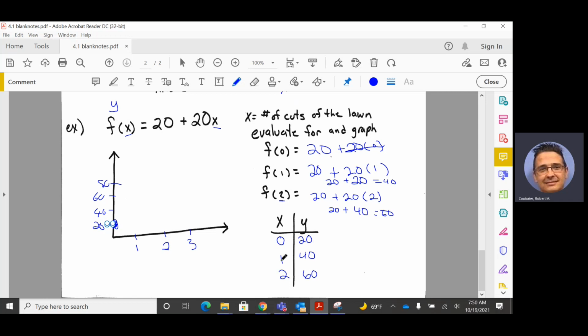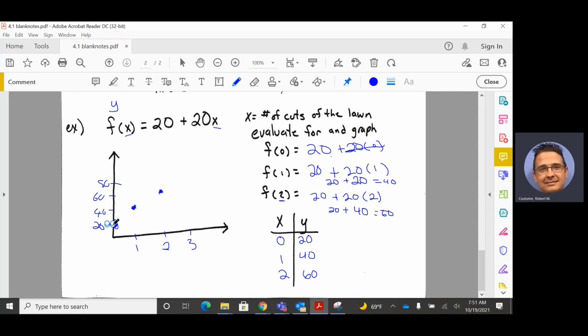If you have your yard cut one time, that'd be 20 plus 20 is 40. If you had your yard cut twice, it's a base charge of 20, and then 2 charges of 20, 2 comma 60.